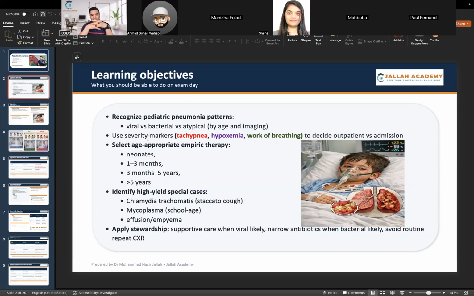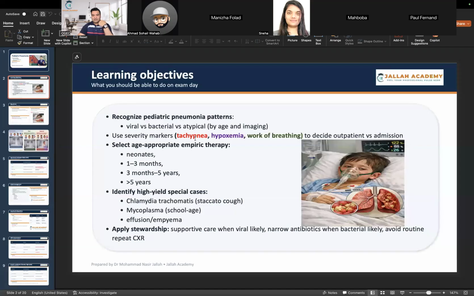We will discuss every single one of them. It is either viral, or bacterial, or atypical. Based on these types, the treatment and approach is different. So we will talk about it.